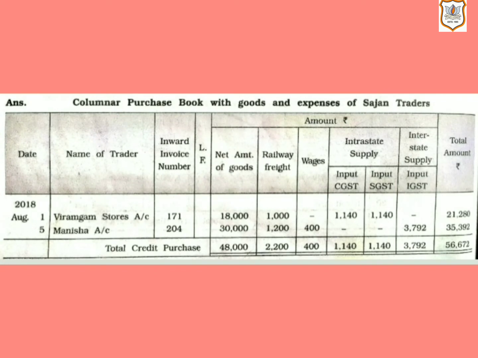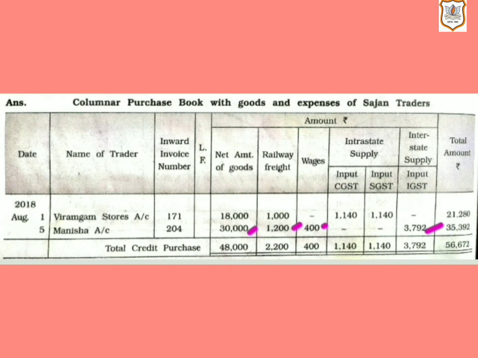Here 12% will be calculated on net amount of goods plus expenses, that means on 30,000 plus 1,200 plus 400, that is 31,600. So 12% of 31,600 is 3,792, that is amount of input IGST.